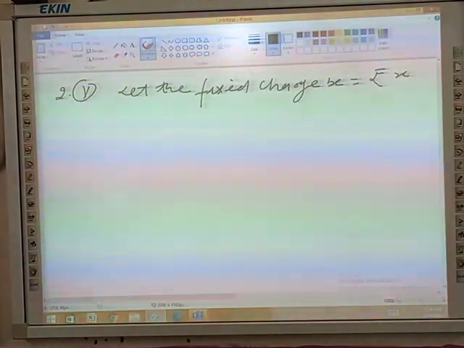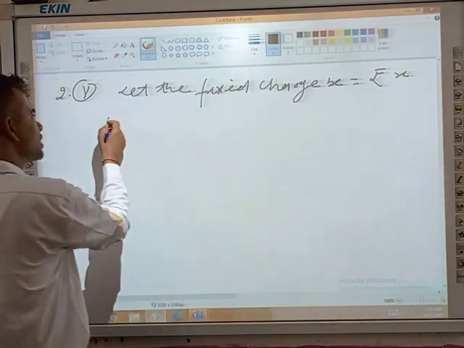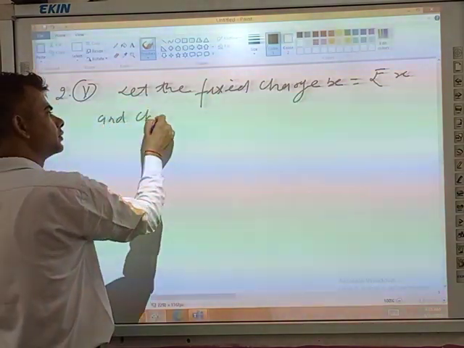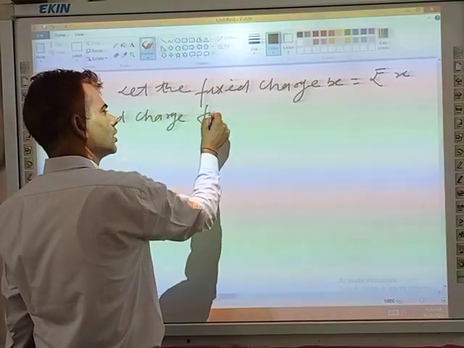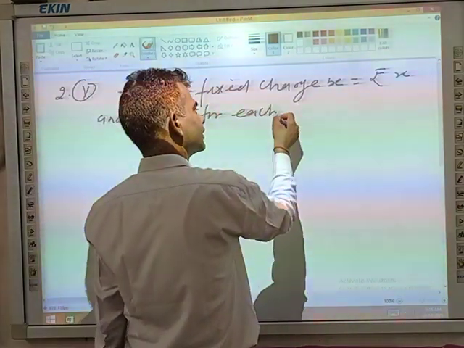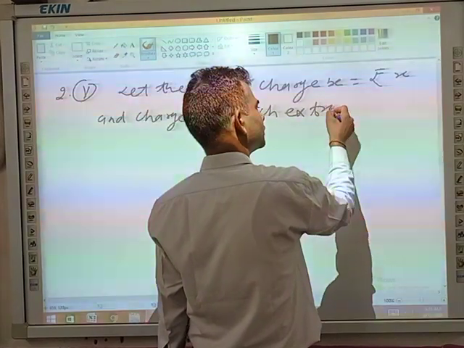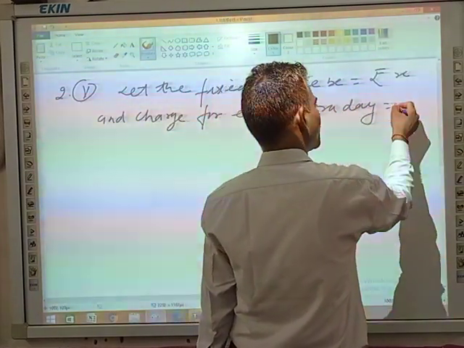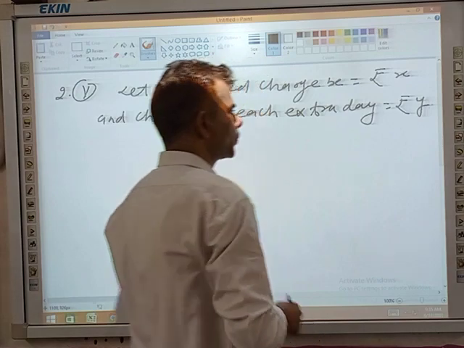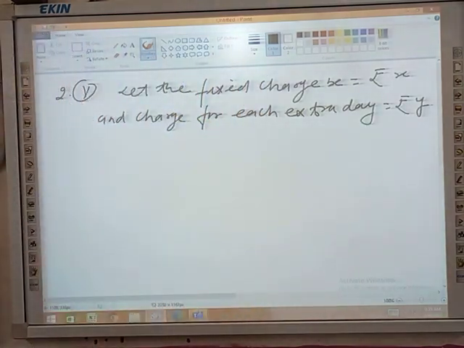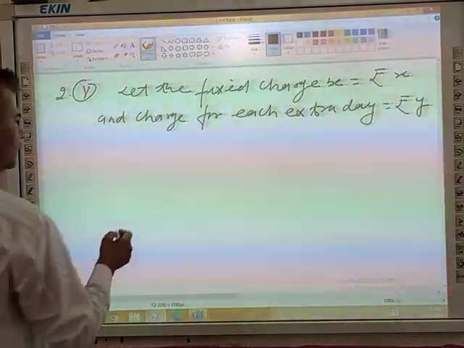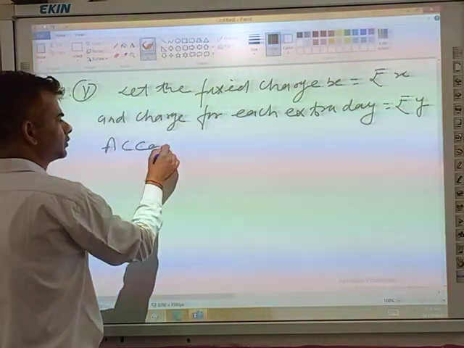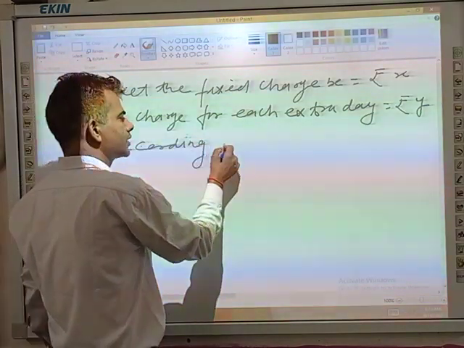And the charge for each extra day be rupees y. Students, fixed charge rupees x and charge for each extra day rupees y. Students, according to the first condition.